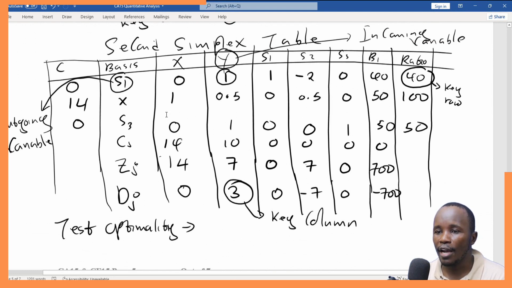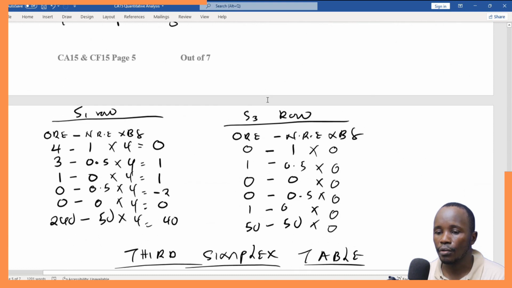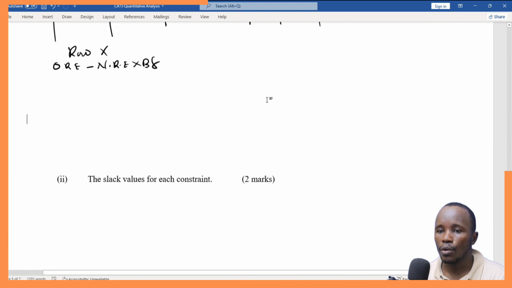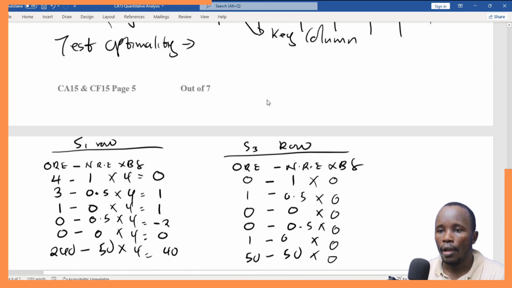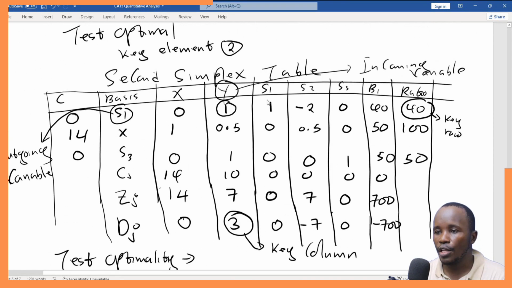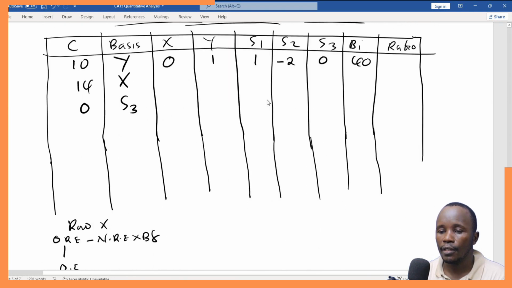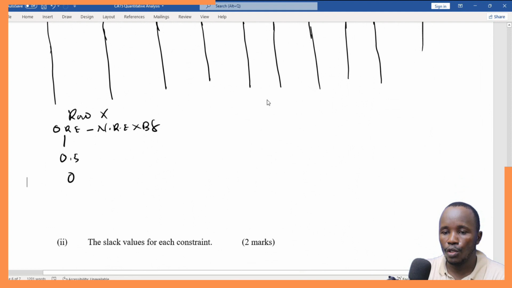Old row elements, we have 1, 0.5, 1, 0.5, 0.5, 0.5.